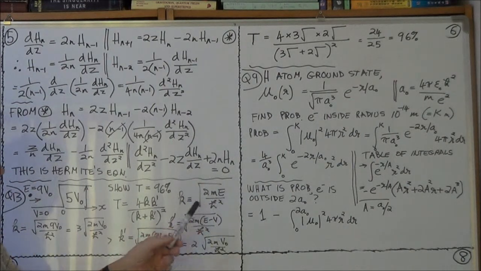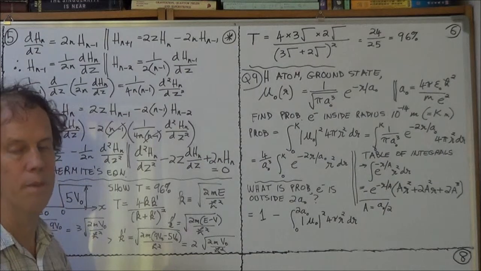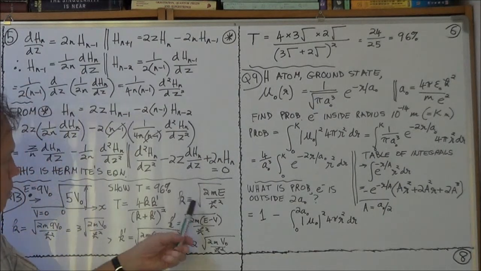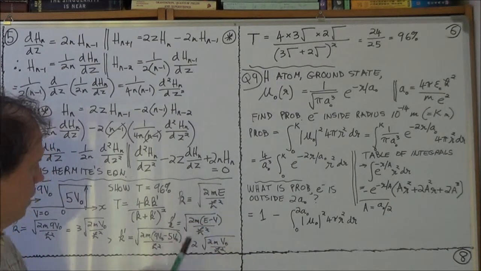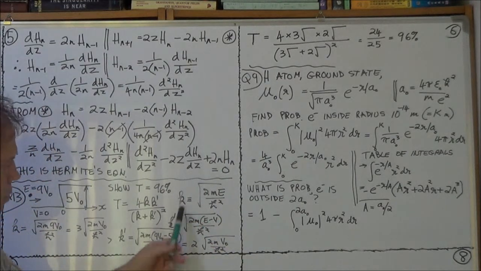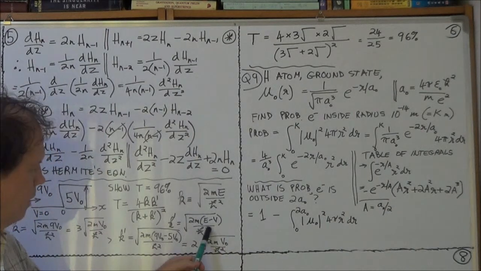Have a look in the theory. These little k's are just used to simplify the Schrodinger equation. So little k by definition was the square root of 2mE over h bar squared, and k' was the square root of 2m(E minus V) over h bar squared.